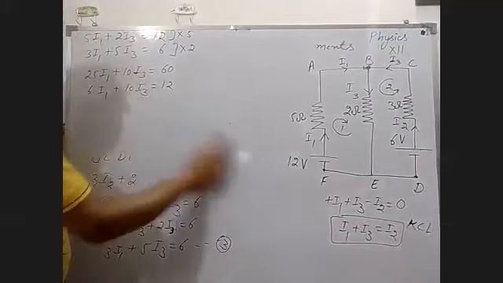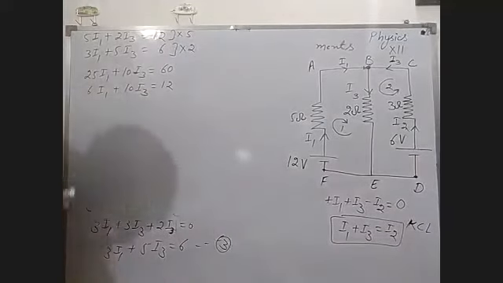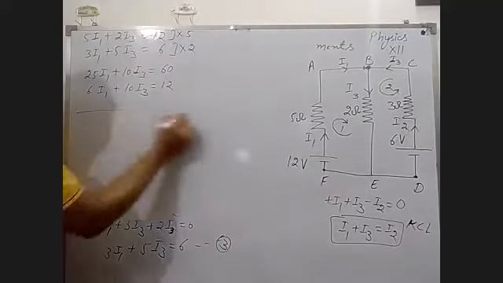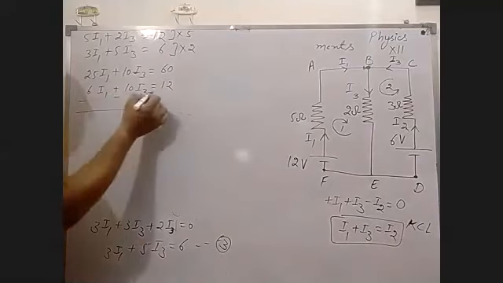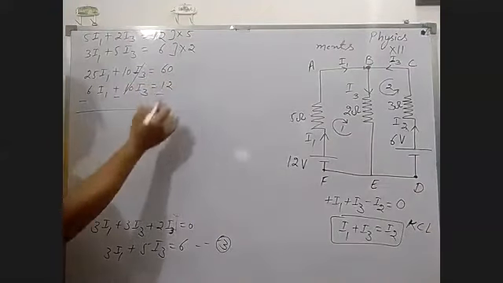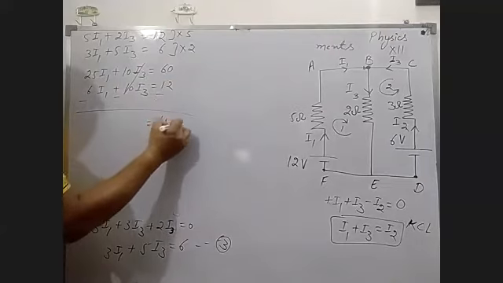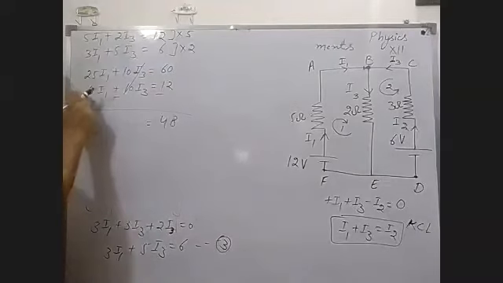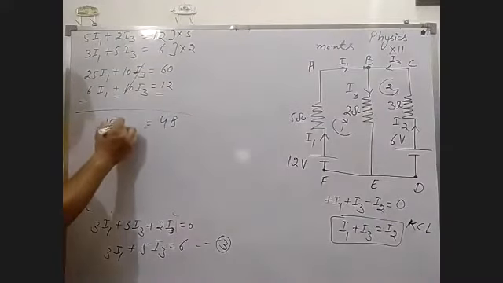Change sign and solve it. Plus, plus, minus, minus, and this is again minus. Cancel. 60 minus 12, 48. 25 minus 6, 19 I1.